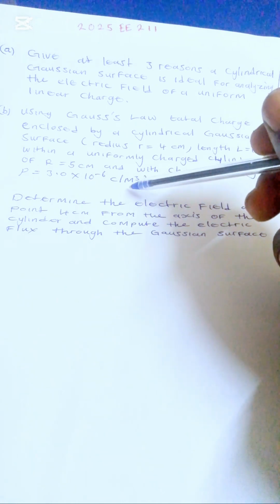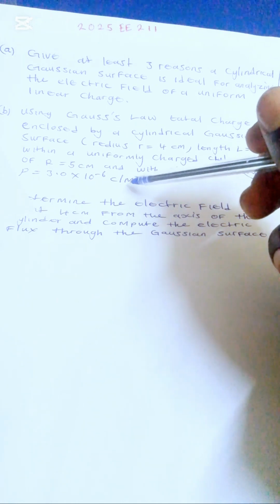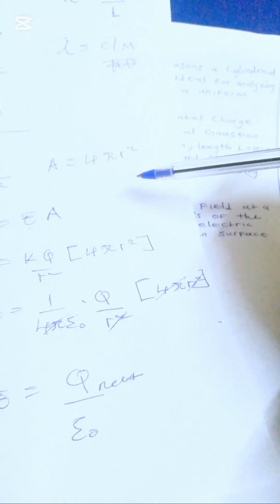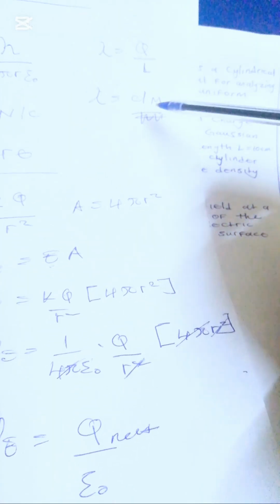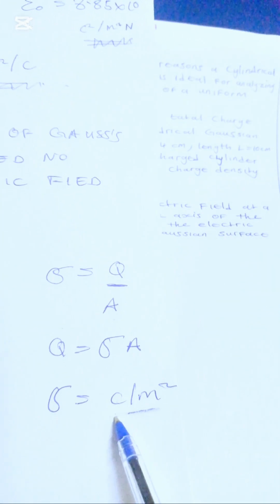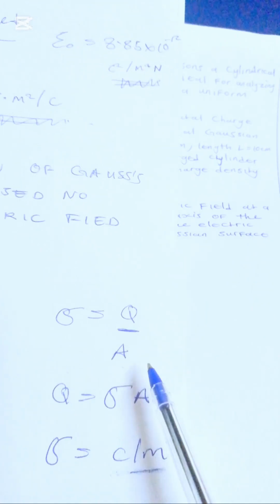If you check the SI unit, this one is meter cubed. Then what we have here is meter squared for the other one, which is for a sheet, because that's area charge density.